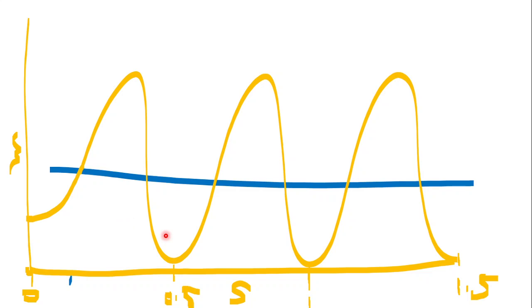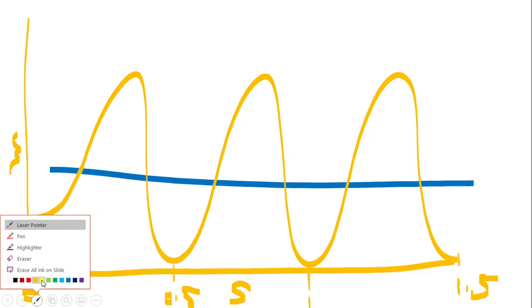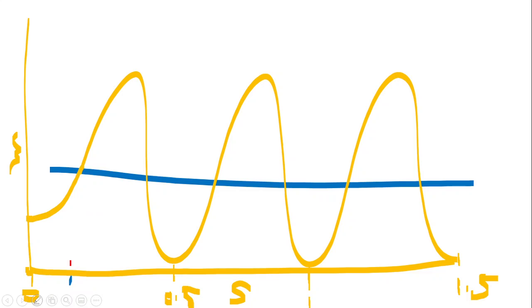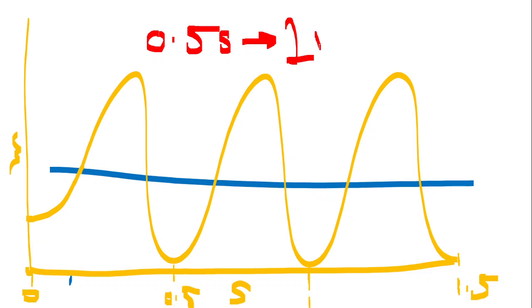So if I start from here and I talk about one complete wavelength, over here, so this is one complete wavelength. The time it takes for one complete wavelength is 0.5 seconds. So I'm gonna write this. 0.5 seconds for 1 lambda.